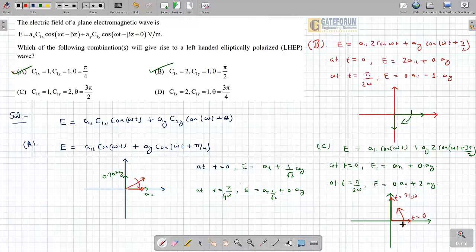So as the time is increasing, the vector is rotating in this direction. So this is matching with the right hand, right? So it is not left hand polarized, this is right hand elliptically polarized. This is not the right answer, right? Now we need to check option D also. Okay. So I'll just make some space over here, and we'll see D.